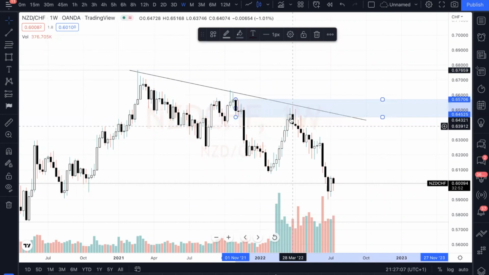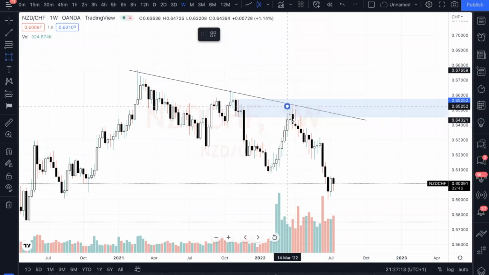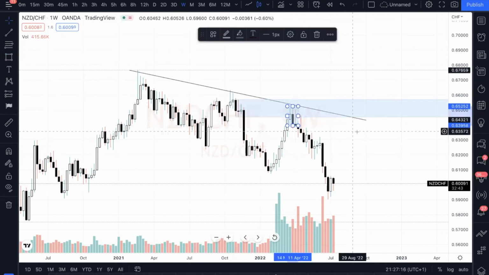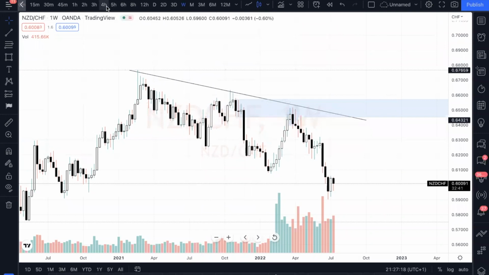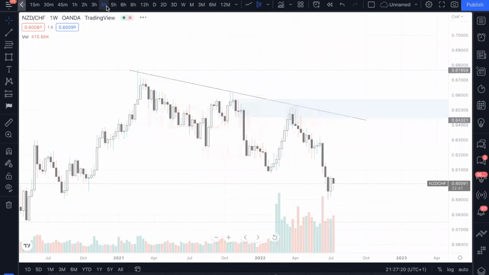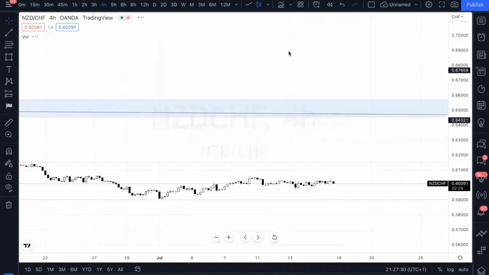Price hits the base and we have an engulfing, which means that even within this area, we can still look for a trade. We have an engulfing on the weekly chart, so you can go to the 4-hour chart and look for a setup, and your target is this particular low. Now, the next example is going to be, please, if your background is noisy, mute yourself.